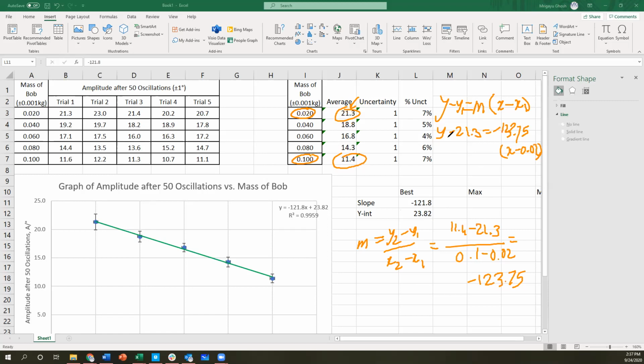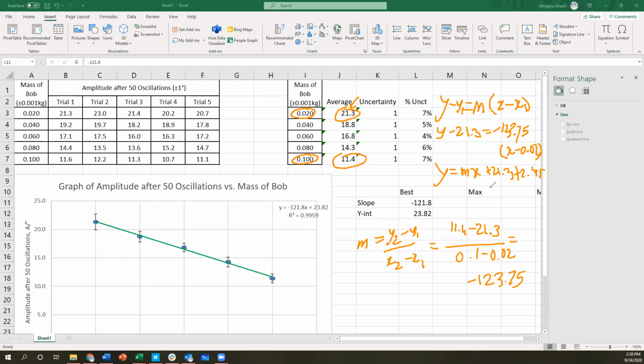So the way we're going to do that is by isolating y. So that means y is equal to negative 123, I'm just going to write m because the slope here isn't really important, mx plus 21.3, plus we have to distribute this, right? Plus the 123.75 times 0.02. So let me just do that in my calculator real quick. 123.75 times 0.02 gets me 2.475.